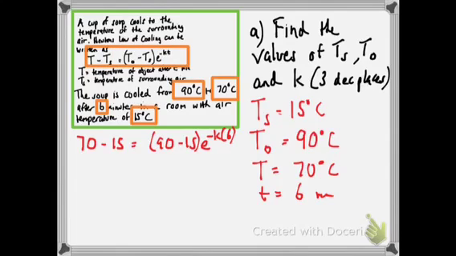Let's simplify it. 70 minus 15 is 55, equals 90 minus 15 is 75, e to the negative 6k. Divide through by 75: 55 on 75 equals e to the negative 6k.